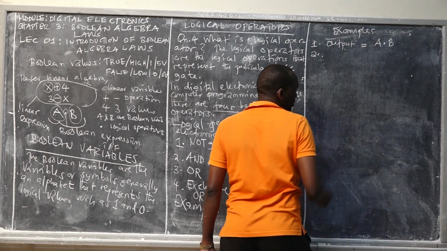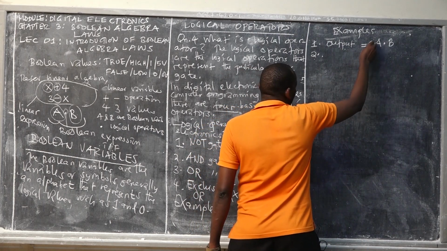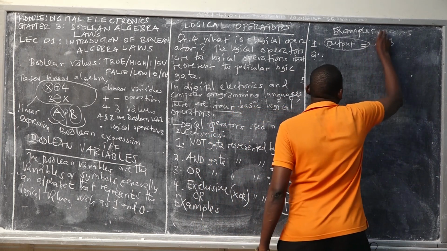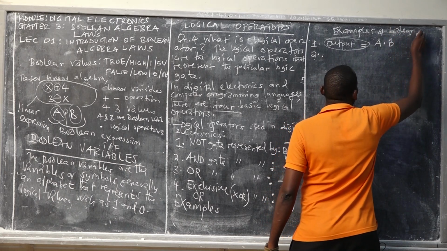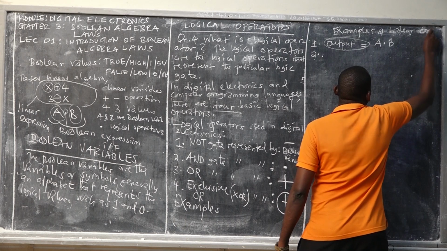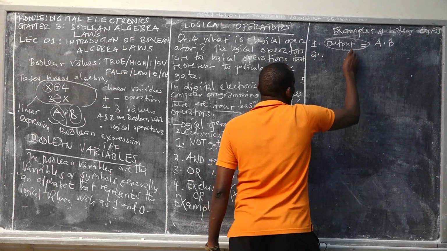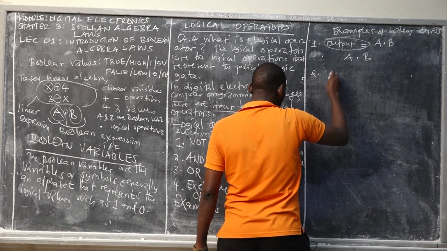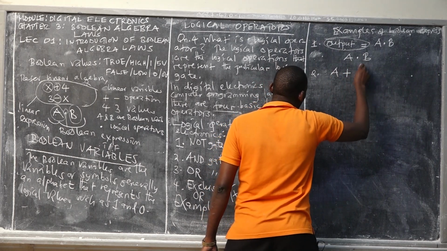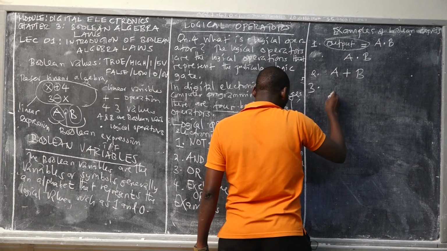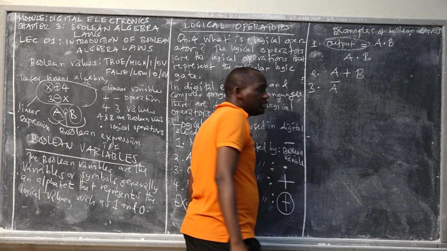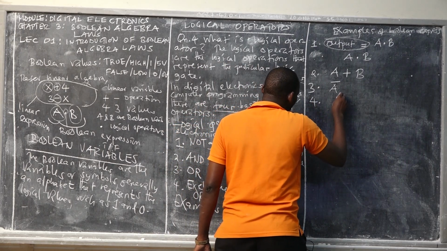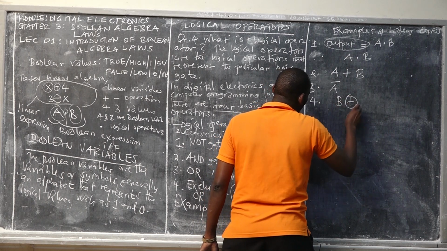The output is equal to that, or you may exclude the output and just have A and B. So examples of Boolean expressions: the first is A and B. The second example can be A or B. The third example, we can have A or not A. The fourth example, we can have B exclusive or C.